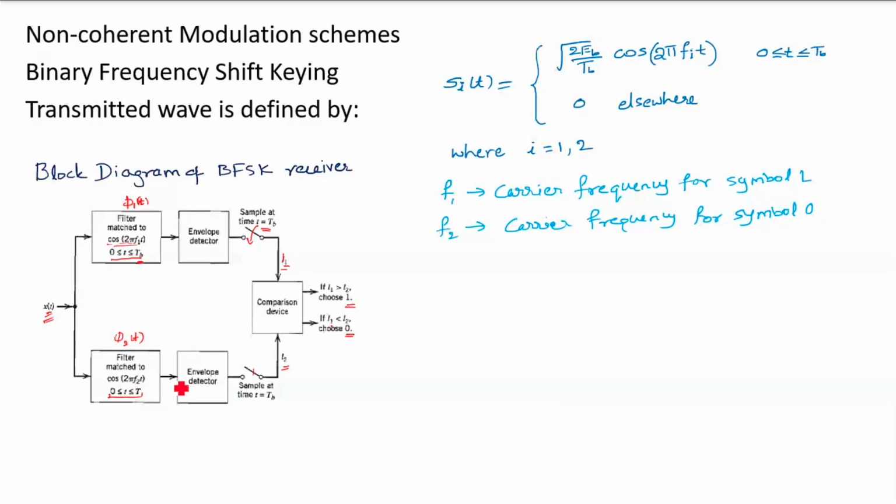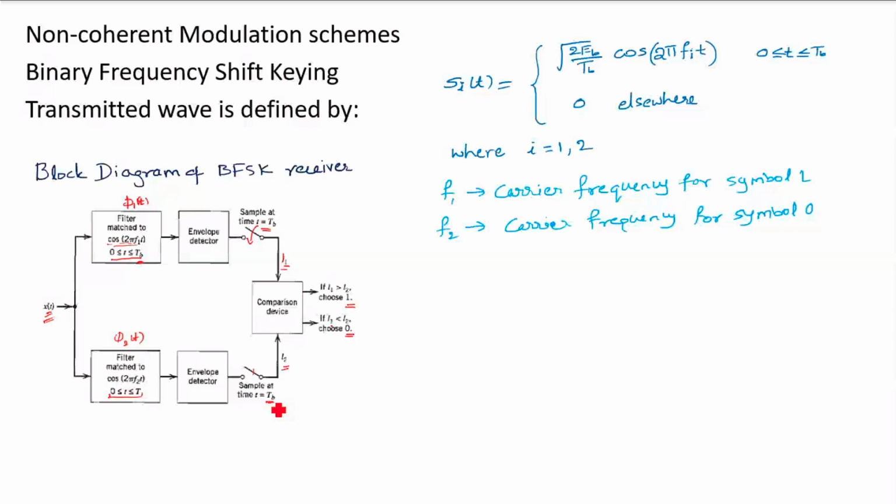The reason is, if 0 is modulating the carrier and it is transmitted over the channel, both these matched filters get the same signal, and as the signal corresponding to 0 is matched with this filter, you will get a maximum value at the sampling interval t sub b.